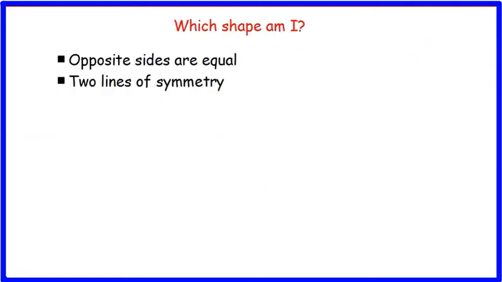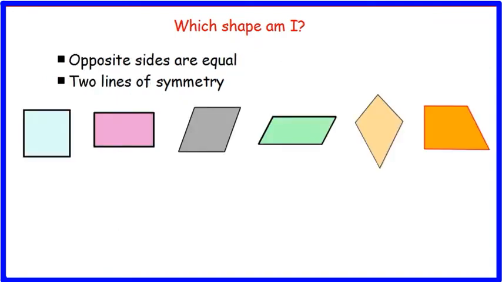Okay, let's look and see what these questions look like. Which shape has opposite sides equal and 2 lines of symmetry? And I really recommend to draw the shape before you answer the question. Opposite sides are equal, so I'm going to put a tick beside that. Opposite sides are equal.